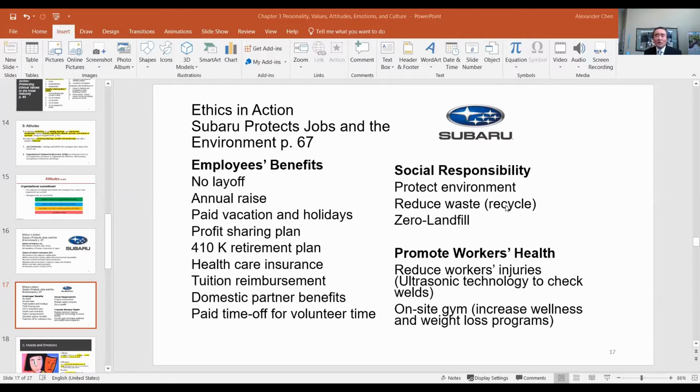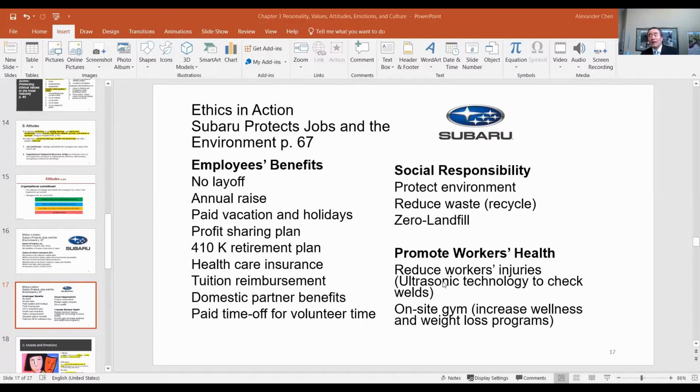They reuse a lot of the boxes they receive goods in, and they save several million dollars. More and more companies will try to be socially responsible, not to damage our environment, and you can take a look at these cases to see what they are doing. Also, worker safety and health.